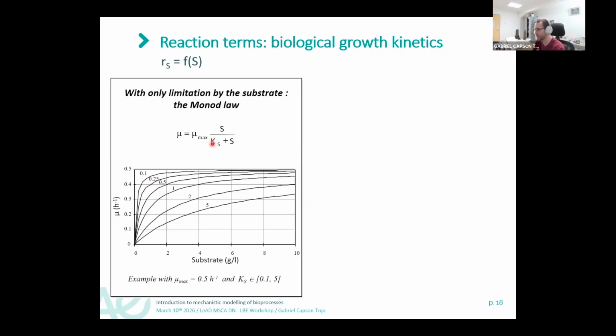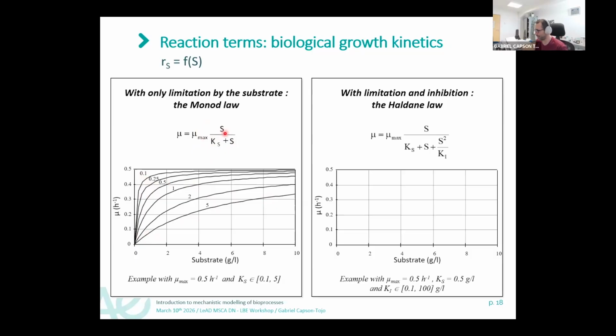Being more precise, it represents the amount of substrate needed to get to 50% of the maximum growth rate. So in this case, it's 0.1. So pretty much the 50% value is around here. And as it increases, it will be going up and down. So as you can see, not only nu-max, but also Ks can have a very huge impact on the kinetics of your process.